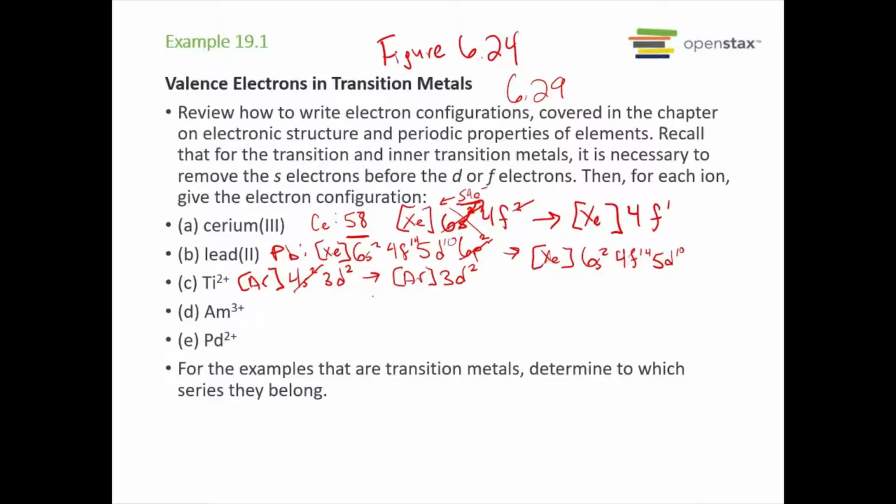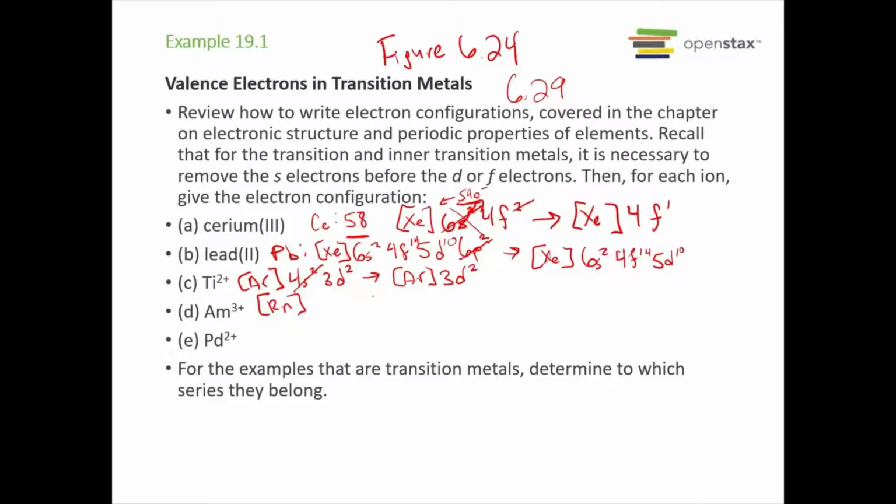Down to d, we have americium 3+. And this guy is in the actinide series, so it's by actinium. It's element 95, so we have 95 electrons when we're neutral. And because of that, our closest noble gas is radon, Rn.